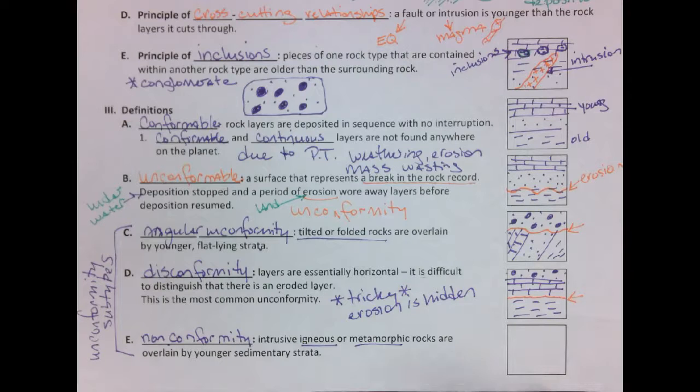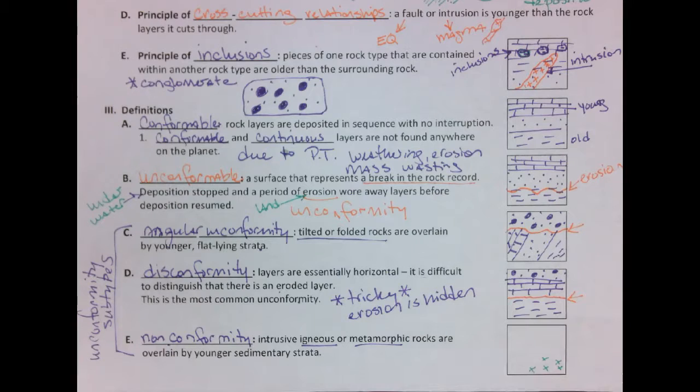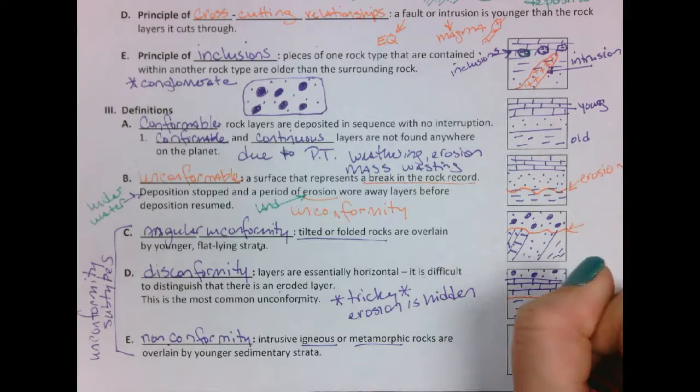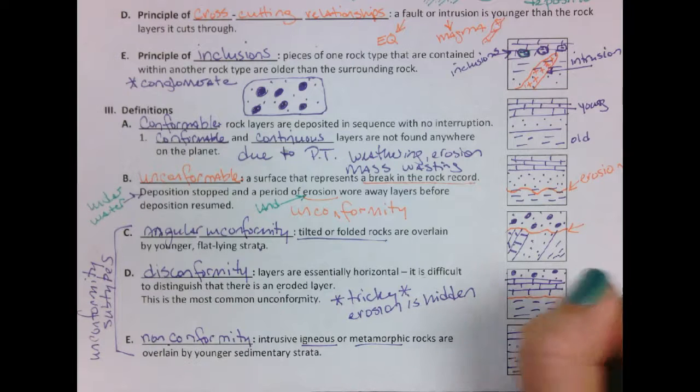So maybe once upon a time, we had some igneous rock that had formed, crystallized completely, and then got eroded. And then the rest of our story happened just as you would expect, with our shale, our sandstone, and our limestone.